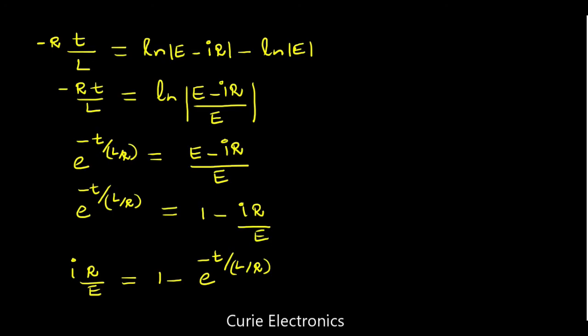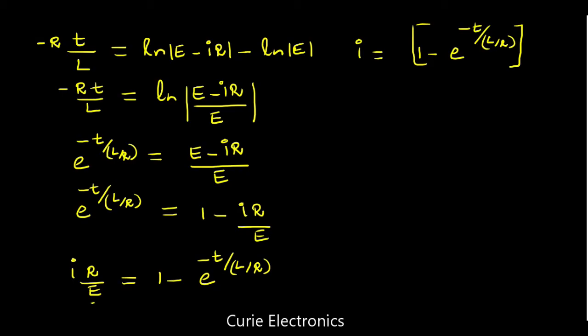So now what we can do, again I want I only here. That is what we want to find. I equals 1 minus e to the power minus t upon L by R. It is a single term, correct? Now what about the left side? I had E and R here.